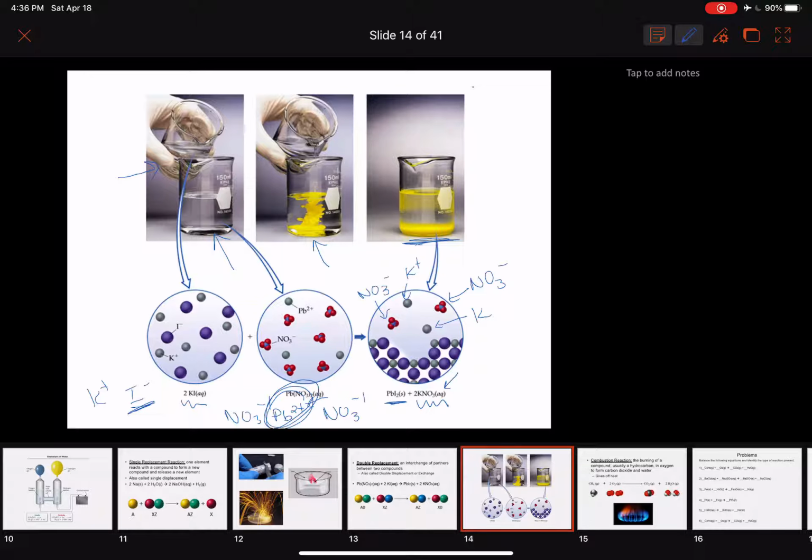And what gives us that information is that AQ right there. It says it's still dissolved in the solution. But the S on the lead 2 iodide right there is telling us that it forms a precipitate. So that's what that looks like.